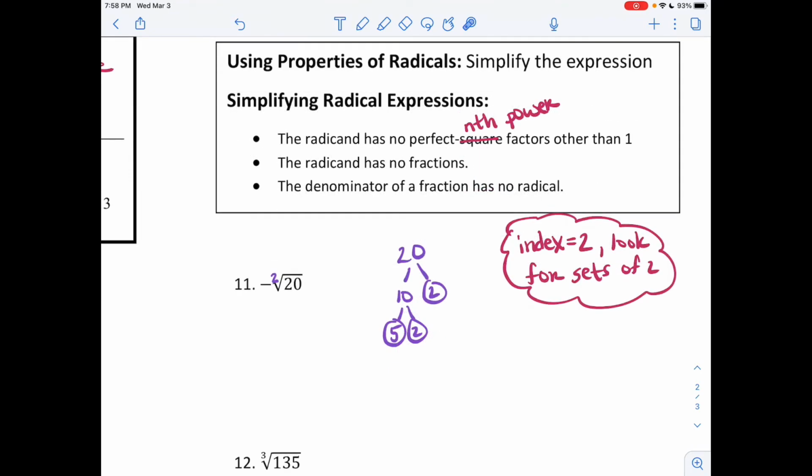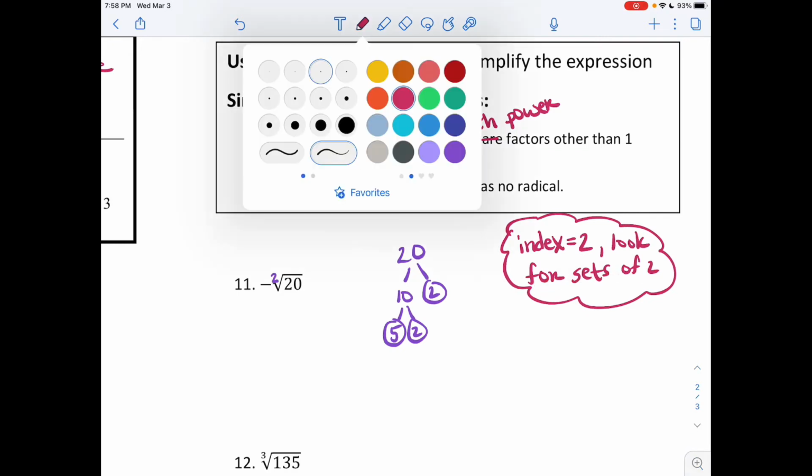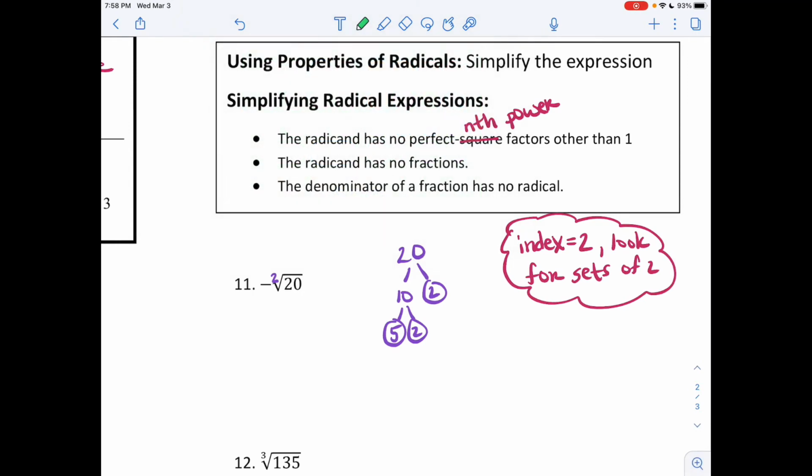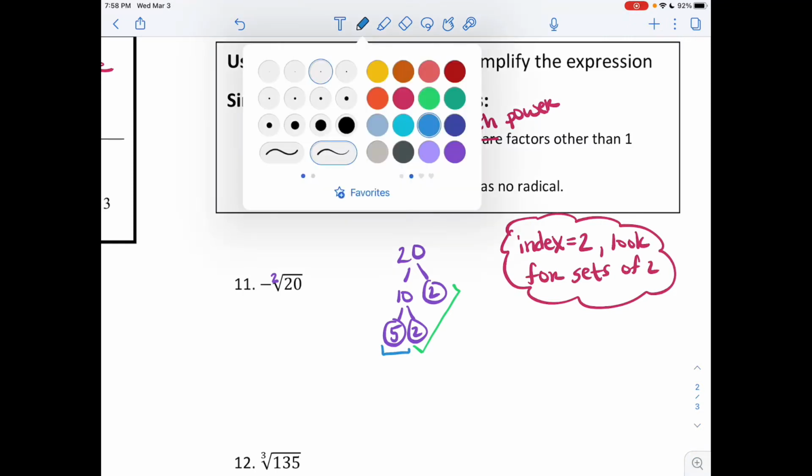So make yourself a note that because we have an index equal to 2, we are looking for sets of 2. And this is what we're used to doing with our square roots. So I have a set of 2 2's, and then I want to identify that 5 is the everything else.